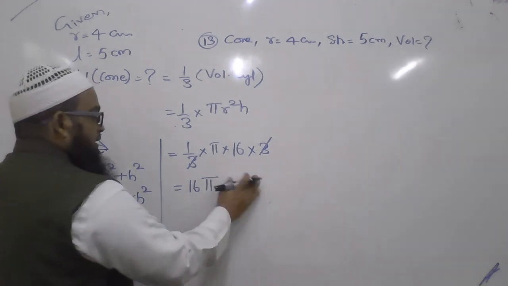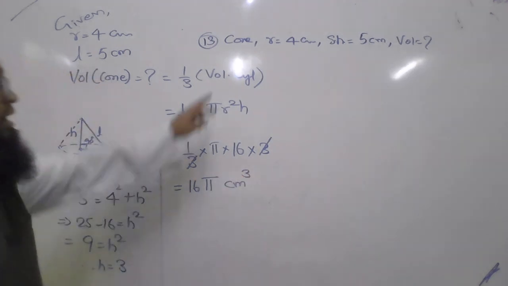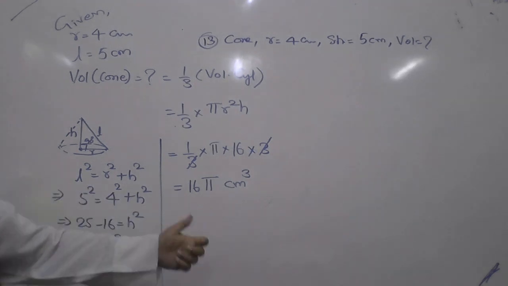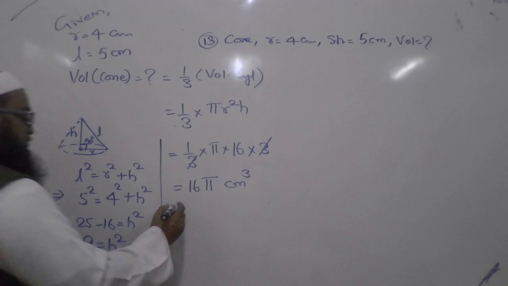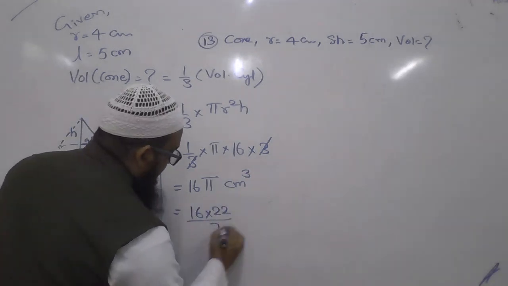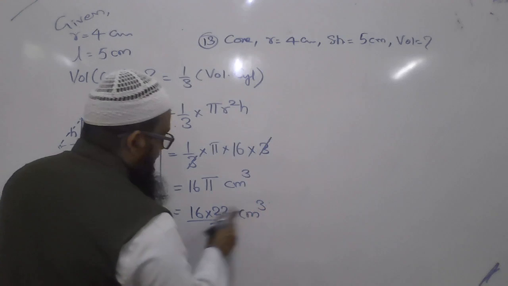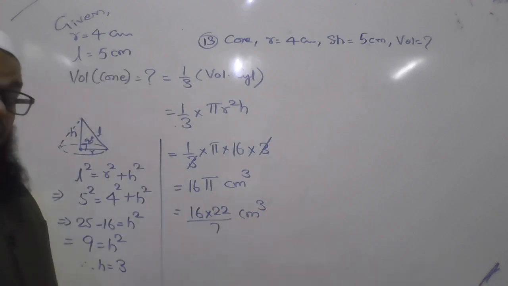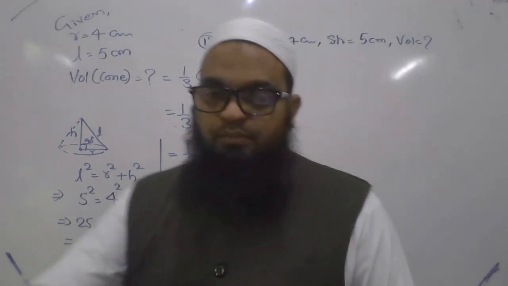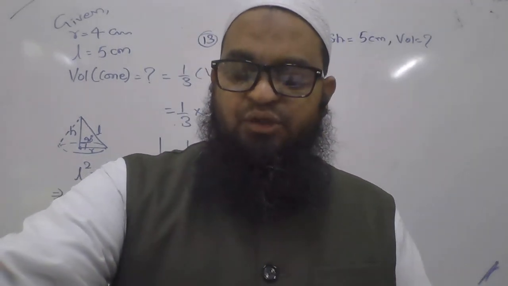Sorry, centimeter cube, because they have asked the volume. And why did I do this? Sometimes they may ask you in pi. Otherwise, what you are supposed to do? 16 into 22 divided by 7 centimeter cube. Now, just calculate it and write the answer. Understood? So, let us go for the next chapter, next concept.